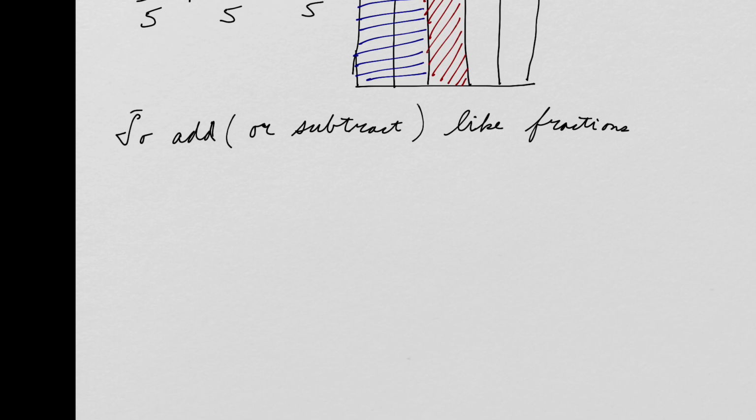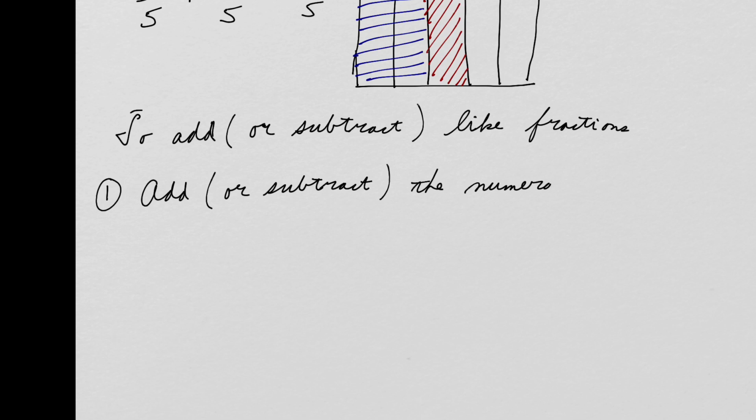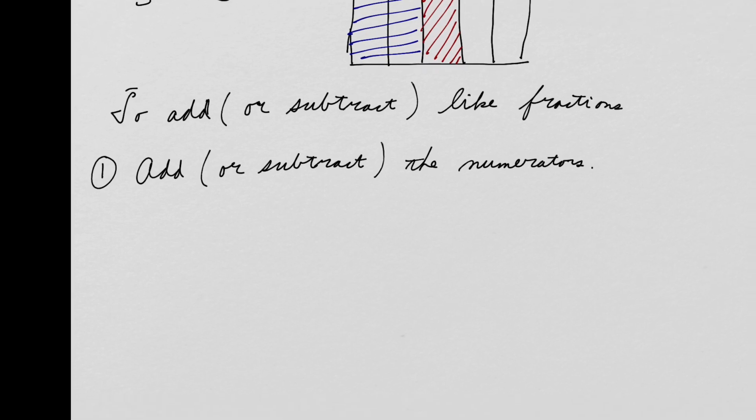So how do I do this? Well, I first add or subtract the numerators. So step 1 is add, or if we're dealing with subtraction, you subtract, the numerators. You use the given denominator, so you keep the same denominator.